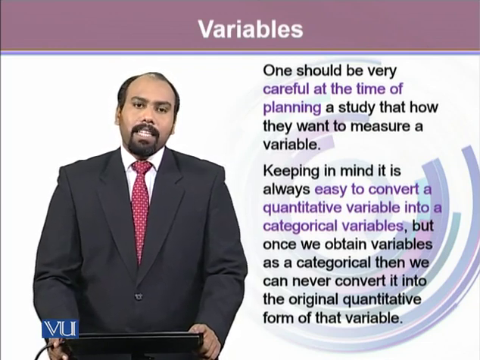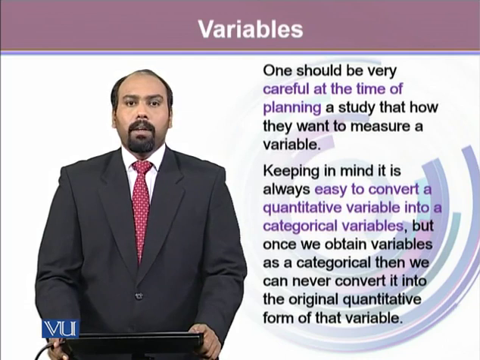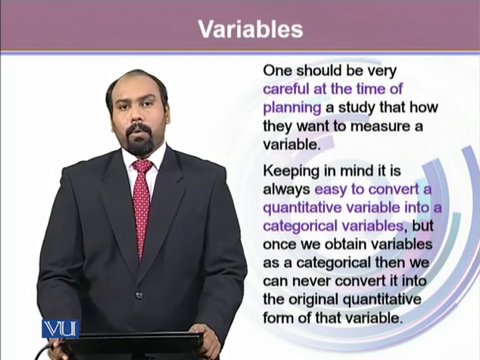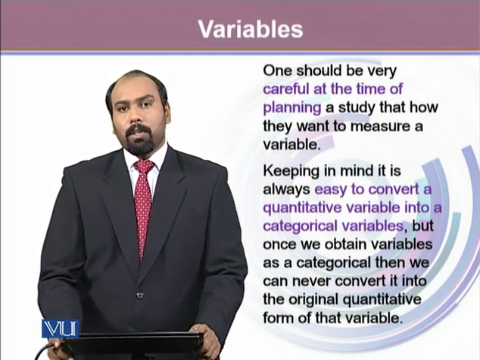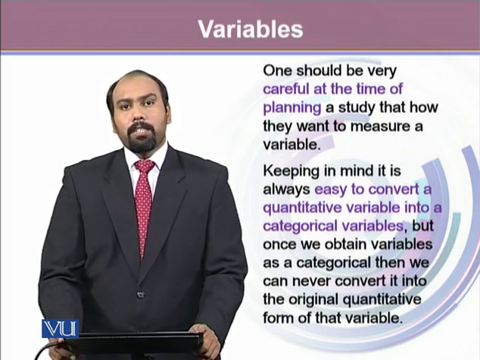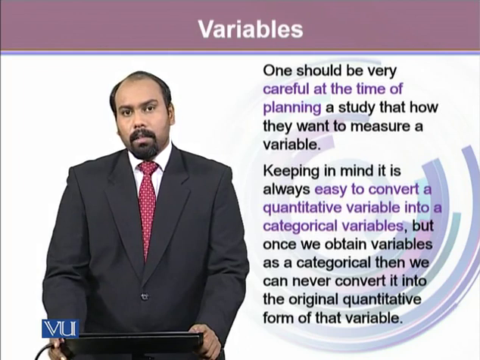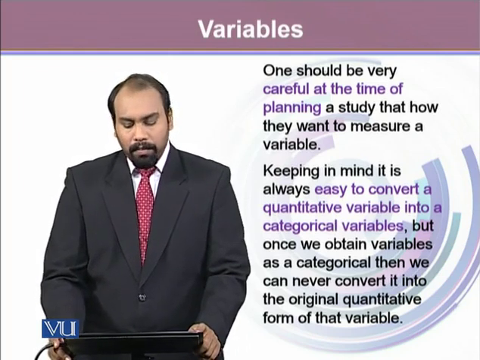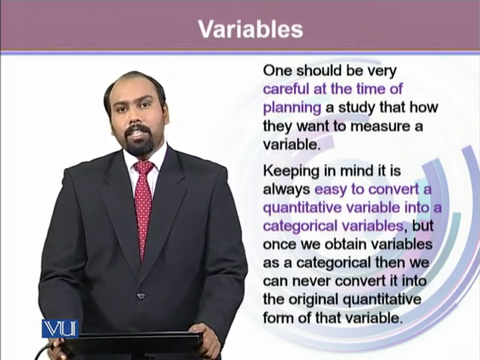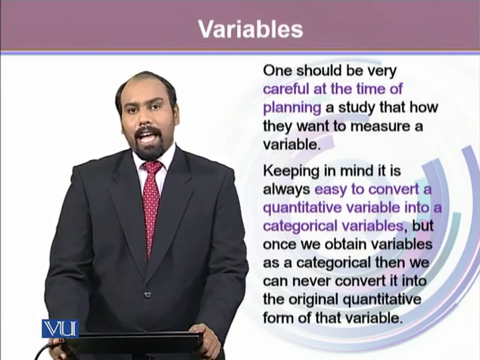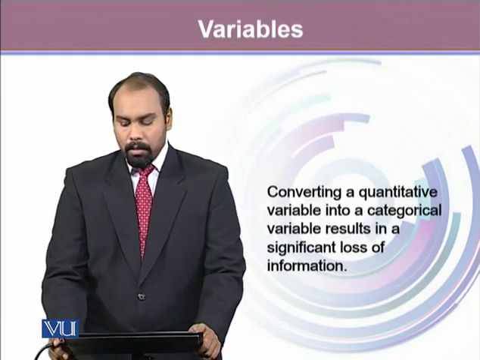because it's very easy to convert a quantitative variable into a qualitative variable at any time point. But once the data has been obtained as qualitative, it's very difficult to bring it back as quantitative. There is a lot of loss of information when we treat a quantitative variable as qualitative.